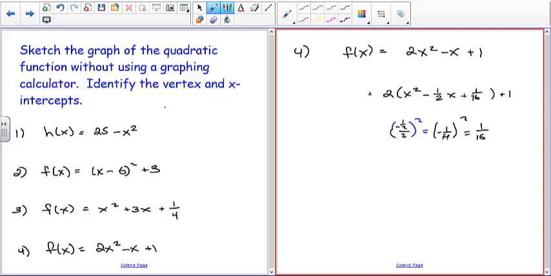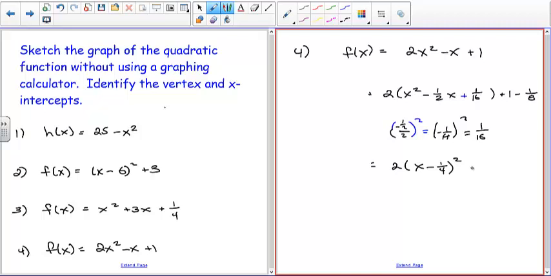So if we add a 16th and multiply it by 2, we're going to add an 8th, 2/16, which becomes an 8th, and we have to subtract it because we added it over here. Okay, now if I checked it again, the complete square would be 2 times (x minus 1/4) squared.